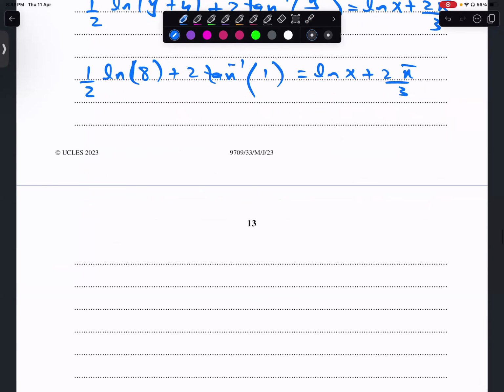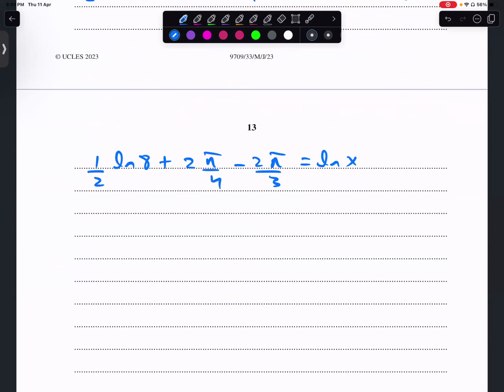So bring 1 over 2 in the power of 8. I think this will not be helpful. So plus 2 tangent inverse of 1, using calculator, will give you pi by 4, minus 2 pi by 3 is equal to natural log of x. So 1 over 2 natural log of 8. This will be pi by 2 minus 2 pi by 3 is equal to natural log of x.